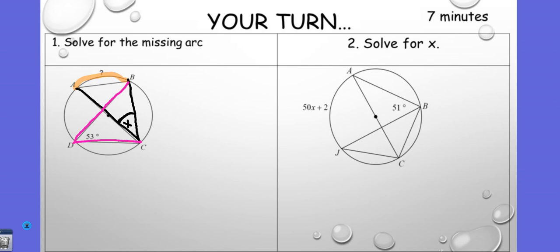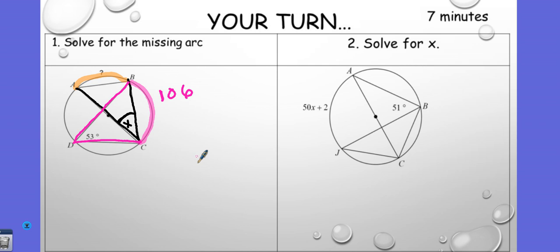And I'm going to highlight the arc that matches it. Now if that's an inscribed angle, then we know that if I double this, I will get this out here. And here's how you remember: this is small, so to get the big arc that it intersects, we're going to double it. So this out here is 106.